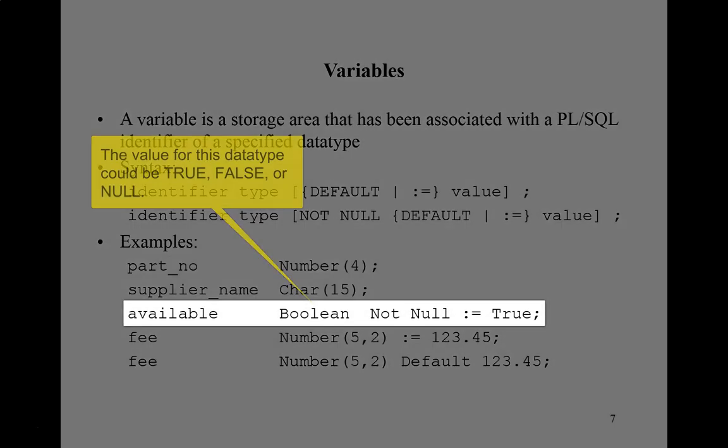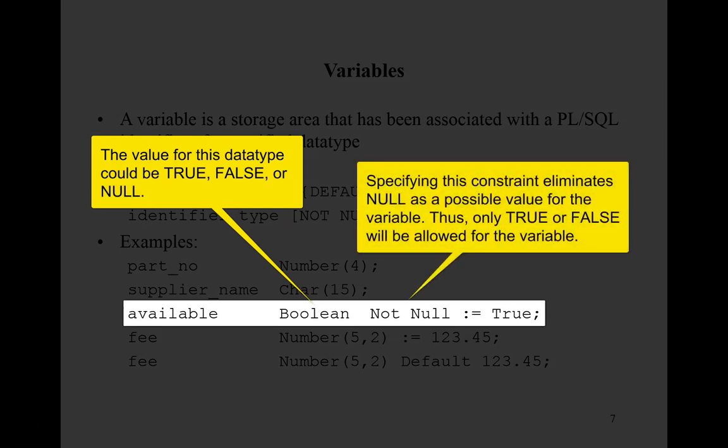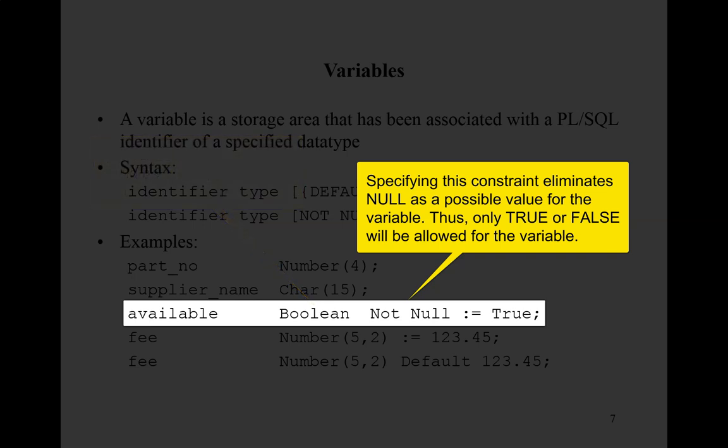When we declare available, we say nulls are not permitted by specifying the not null constraint. Therefore, we must assign some value, either by using the word default or by using the assignment operator. It makes no difference, but we have to follow that with an actual value.